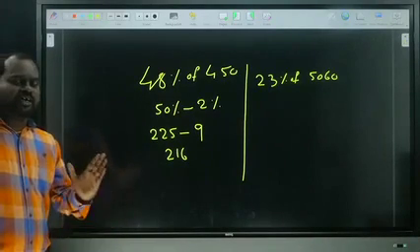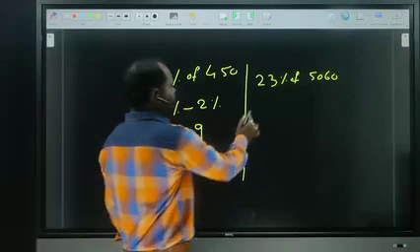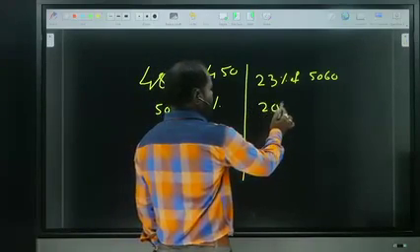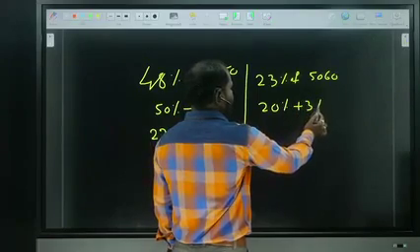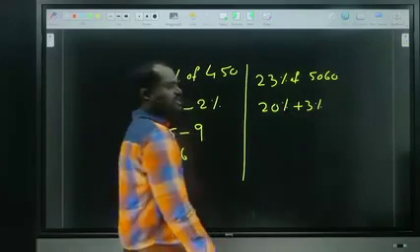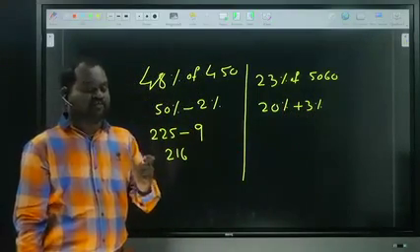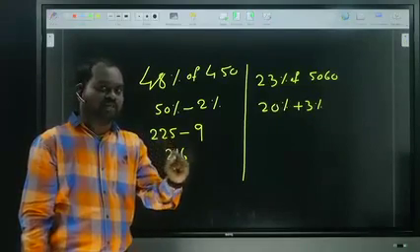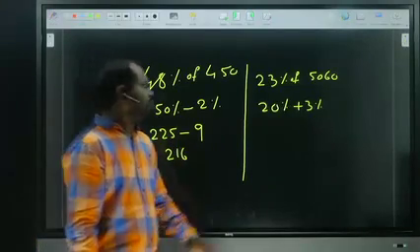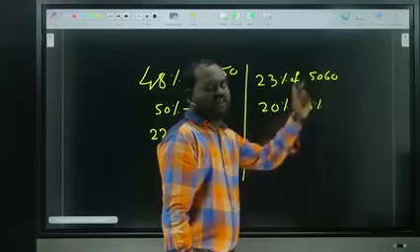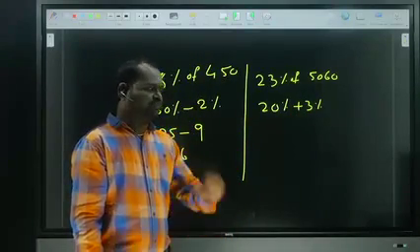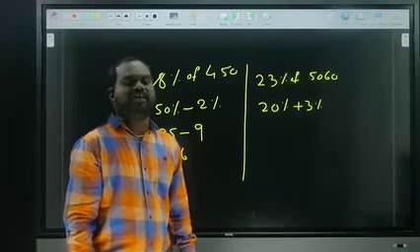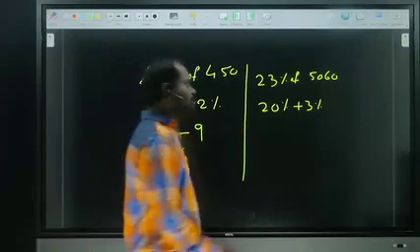We can break it as 20% plus 3%. How to take the 20%? 10% means put the point before the last one digit. What is the 10%? 506. Whereas 20% is 506 plus 506, which is 1012.